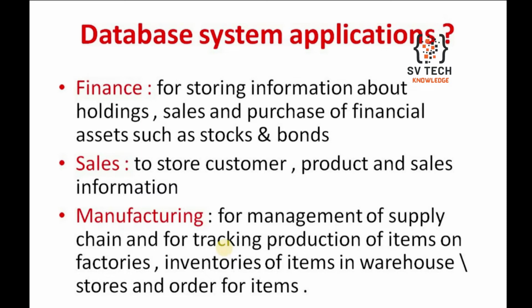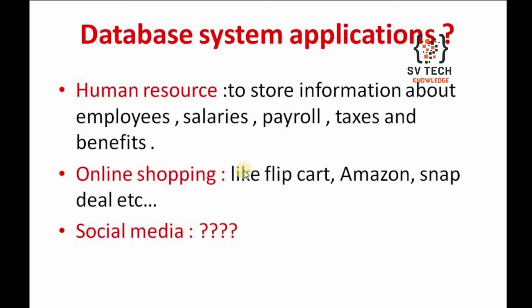For all this we use a database management system in manufacturing also. Human resources: to store information about employees and employers, salaries, payrolls, tax, and benefits. To store and manage everything, we use a database management system.